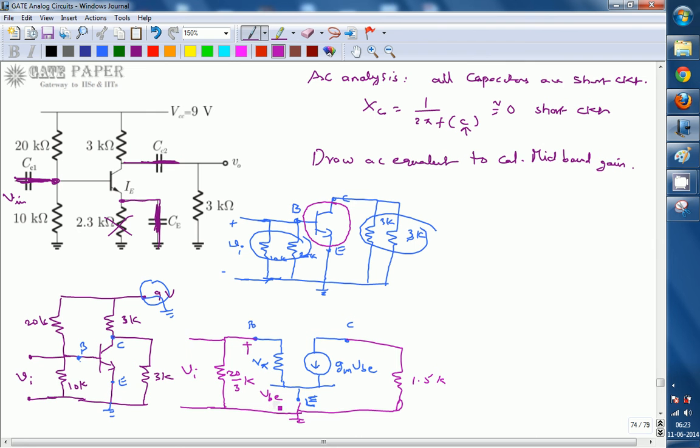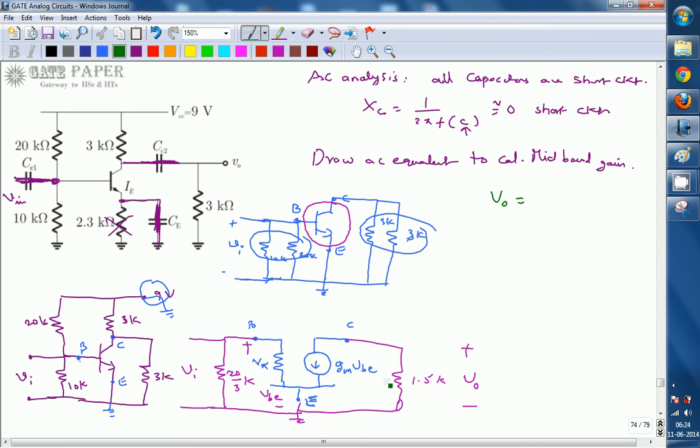Now V naught is the voltage across this load. We can write V naught as the current flowing through this 1.5 kilo ohms, which is gm VBE, but it is flowing in the opposite direction. Generally current flows from positive to negative, but the current is now flowing in this direction. Look at this one.